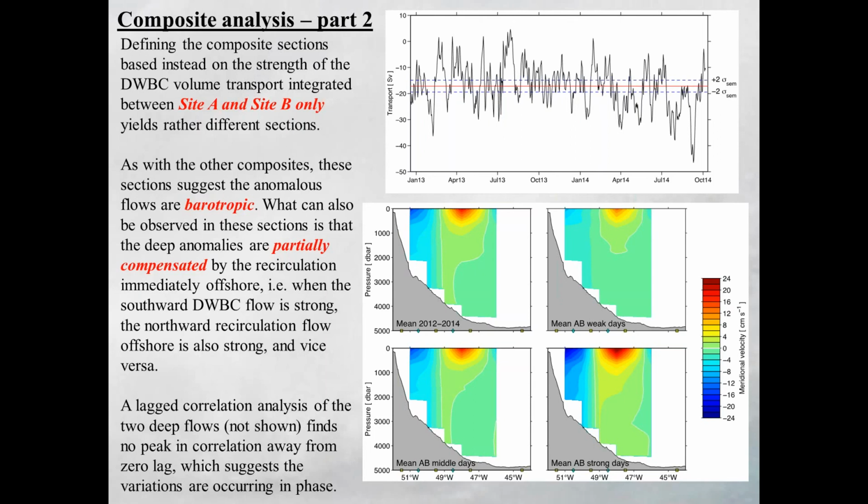If we sort it in this manner, when the deep western boundary current is becoming more intense, the counterflow offshore is also becoming more intense. We're seeing compensation of sorts going on with this offshore flow immediately when we see the deep western boundary current.